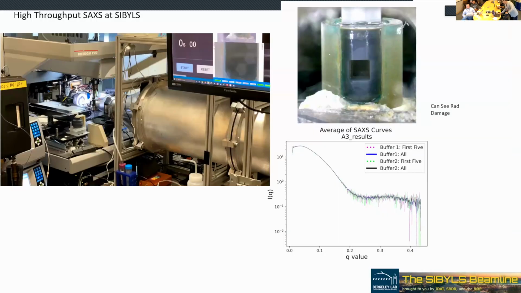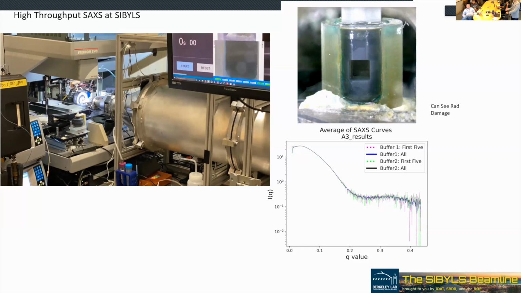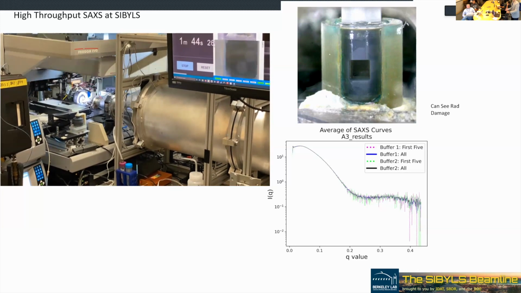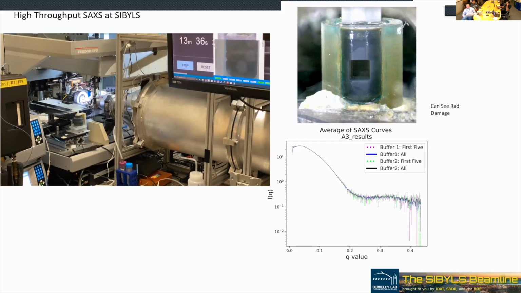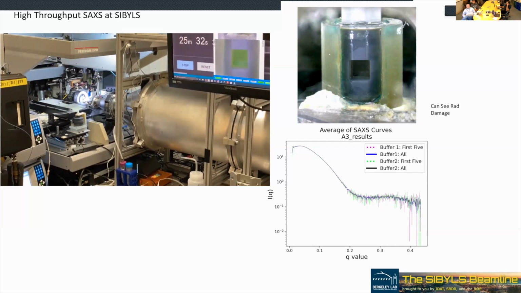All right, so I'll just briefly introduce our high throughput system. This is our high throughput system, which you'll see later today. What we've done is we've coupled a liquid handling robot to the brightness of an X-ray beam. And so you guys send us plates, and our liquid handling robot will pick up your sample, bring it right to the beam.